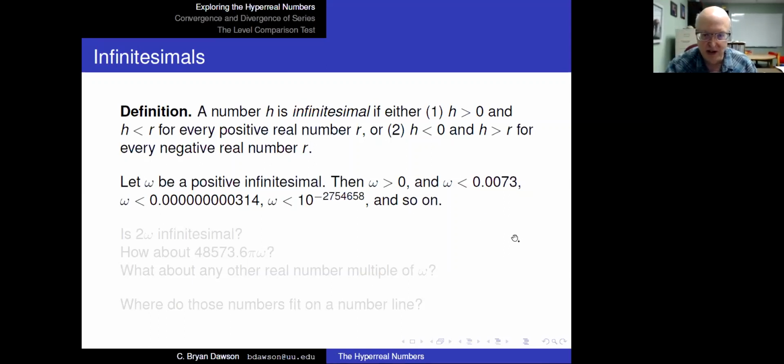So an interesting idea. But if you give me an infinitesimal and I double that infinitesimal, is that number 2 omega still infinitesimal? One of the things I'm wanting for our workshop today is for it to be very interactive.